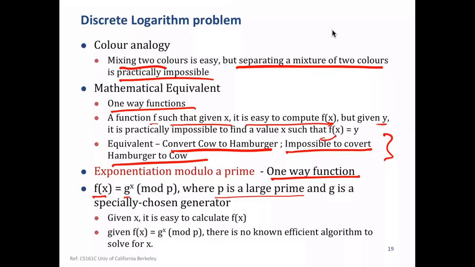You know what a prime number is? And g is a specially chosen generator. For now, assume that it's just a positive integer.